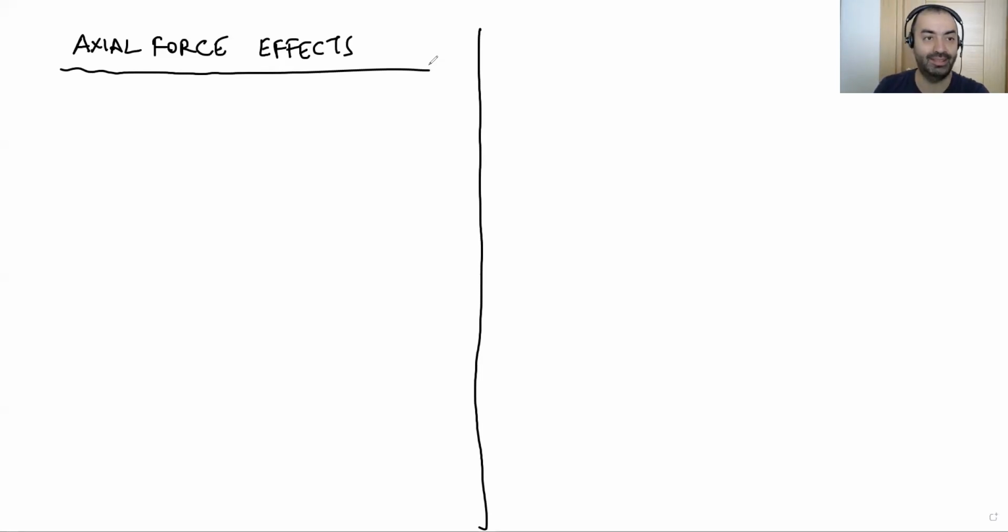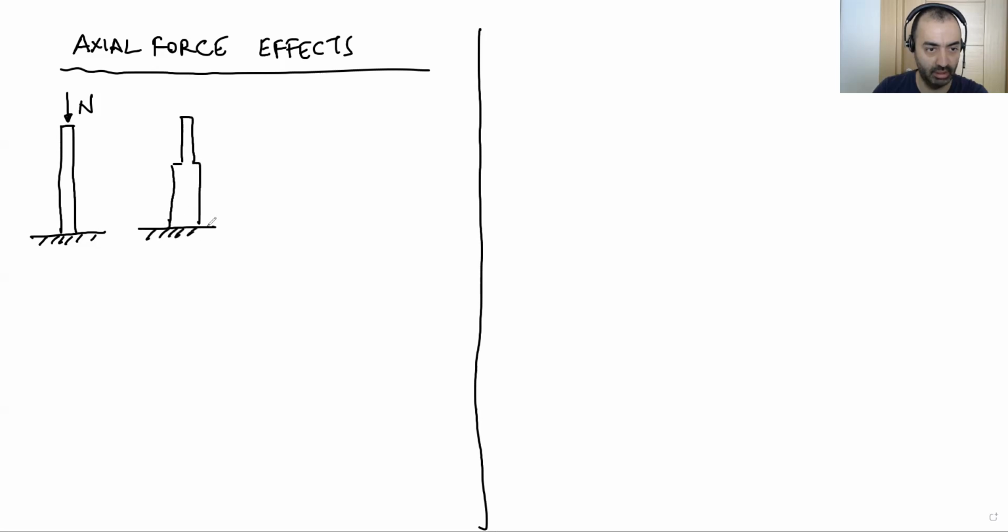When we see this effect, if a structural member is under only axial force effect, for example, I have a column like this. There is only axial force on this member. So this is an example. Or I may have a column which changes its section somewhere else over here.